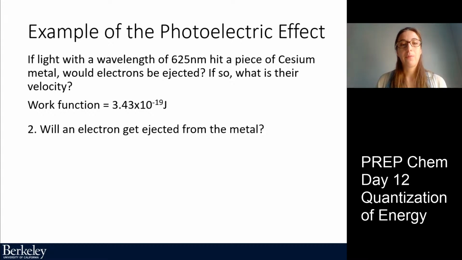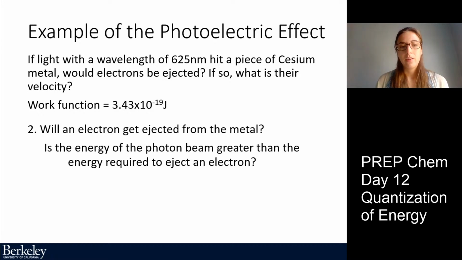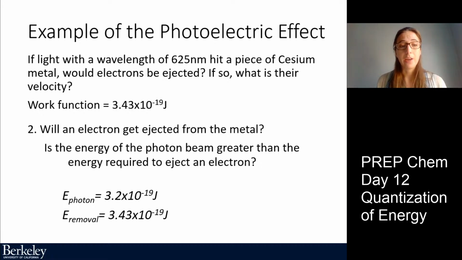Okay, and now we can ask, will an electron get ejected from the metal? Again, this is just another way of saying, is the energy of the photon beam greater than the energy required to eject an electron? We calculated before that the energy of our incoming photon beam is 3.2 times 10 to the minus 19th joules. And we know that the energy required to remove an electron is given by the work function, which is 3.43 times 10 to the minus 19th joules.